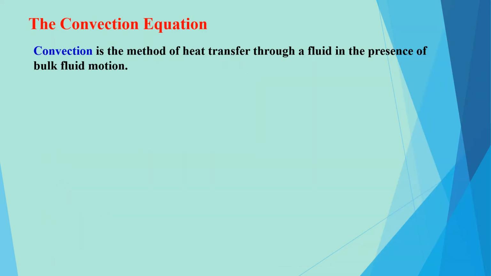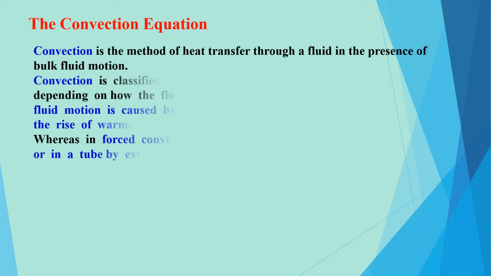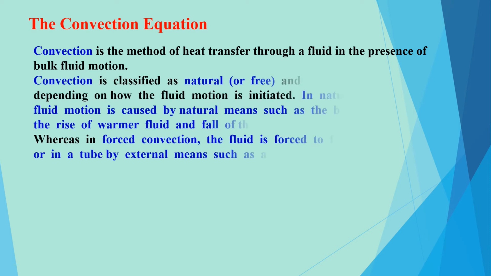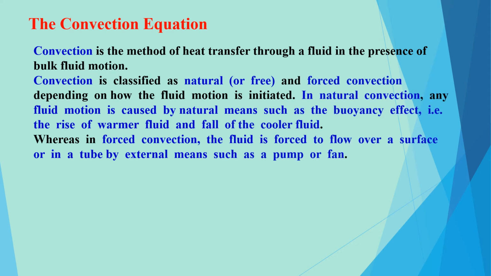The convection equation. Convection is the method of heat transfer through a fluid in the presence of bulk fluid motion. Convection is classified as natural or free and forced convection, depending on how the fluid motion is initiated. In natural convection, any fluid motion is caused by natural means, such as the buoyancy effect, that is, the rise of warmer fluid and the fall of the cooler fluid.